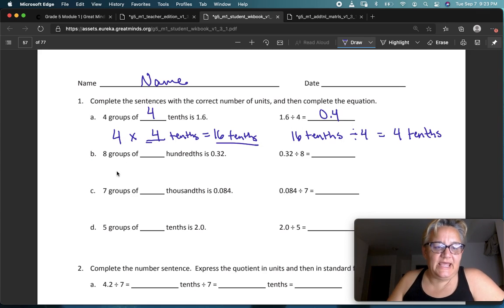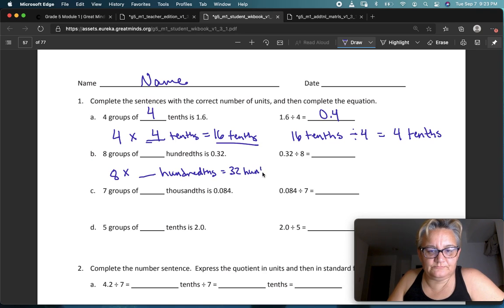Next one, 8 groups of blank hundredths equals, well, what is that? That decimal there, that's 32 hundredths. So 8 times what equals 32? 8 times 4, so 4 hundredths. All right, now we already know our answer here.